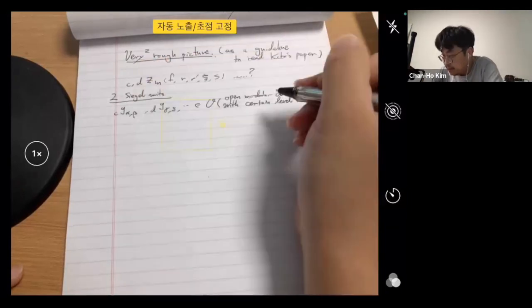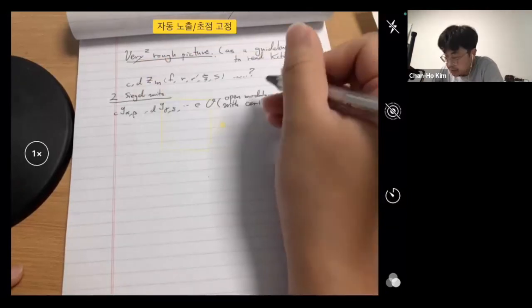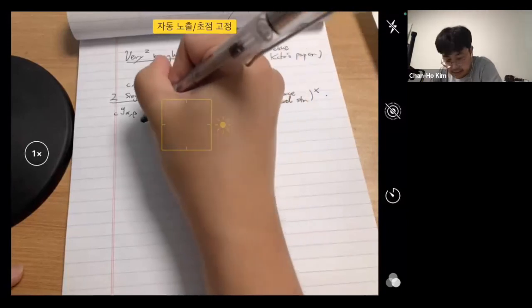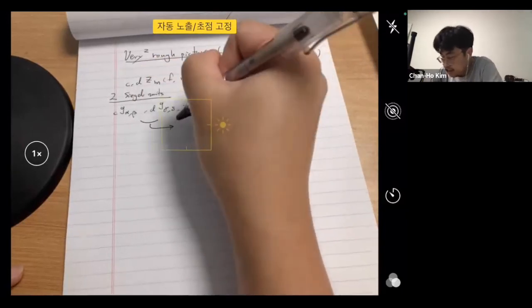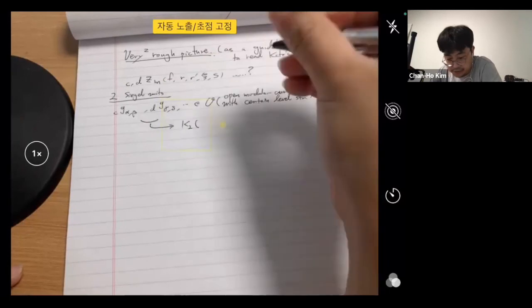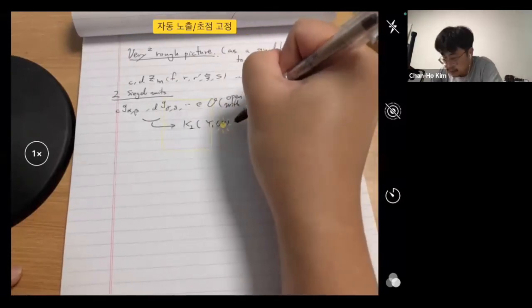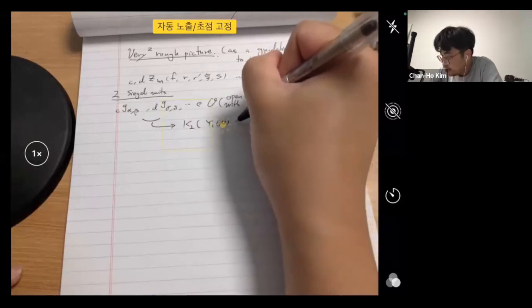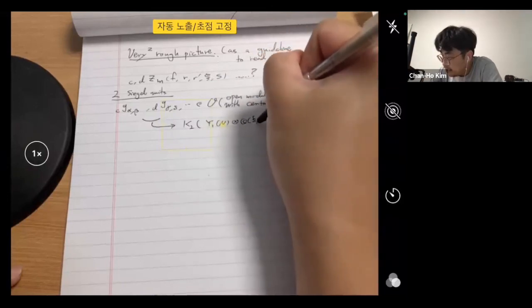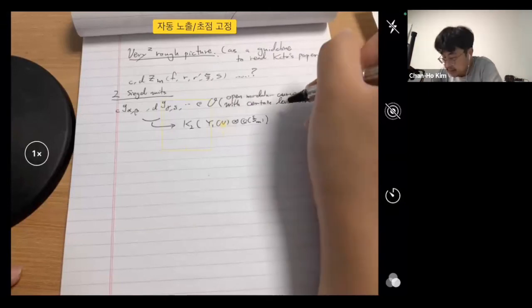By making the pairing of two elements, we get an element in K2 of the open modular curve over Q(zeta_M) for some abelian extension.